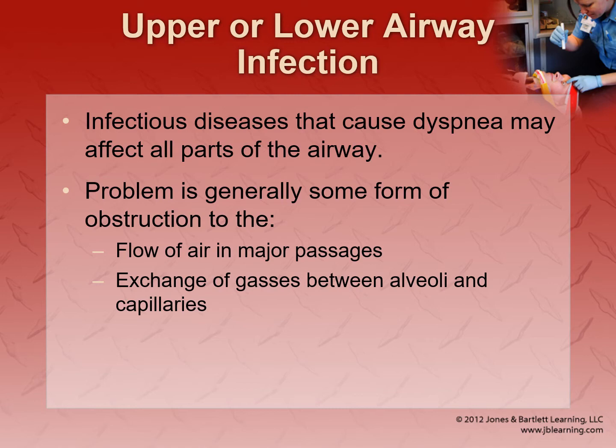You can have a sinus infection that causes trouble breathing, or tonsillitis, or pharyngitis, sore throat type deal. But epiglottitis is the one that I'm going to show you a picture of that will be on your exams and really is an imminent life-threatening emergency, or can be.